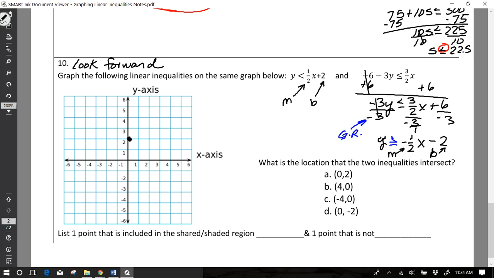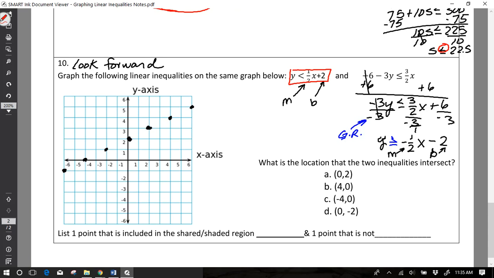+2 is my y-intercept, and my slope is +1/2. And I'm just going to go all the way across. And then this line is going to be dotted. So let's just refer to this whole thing as the red line.